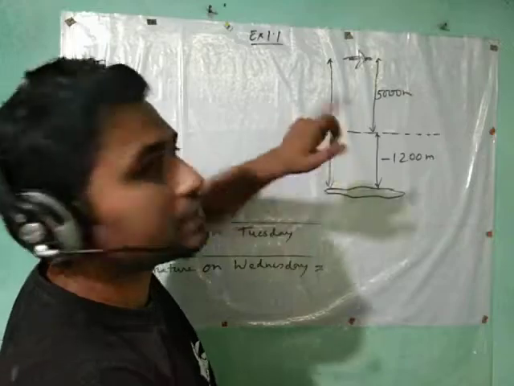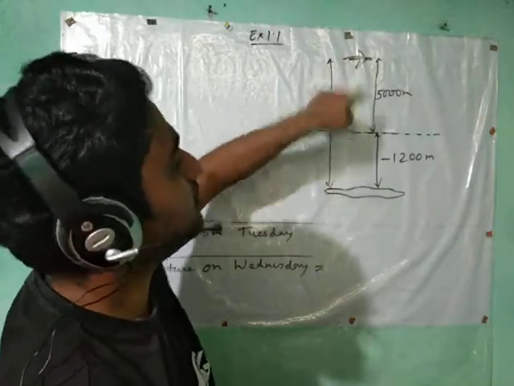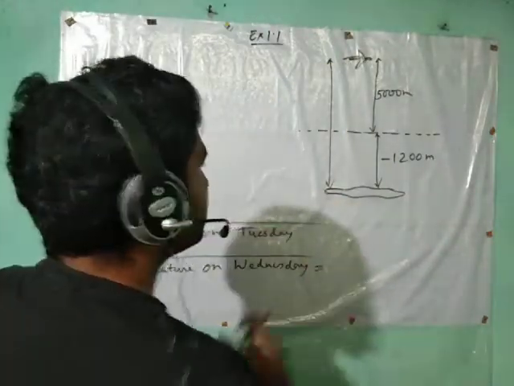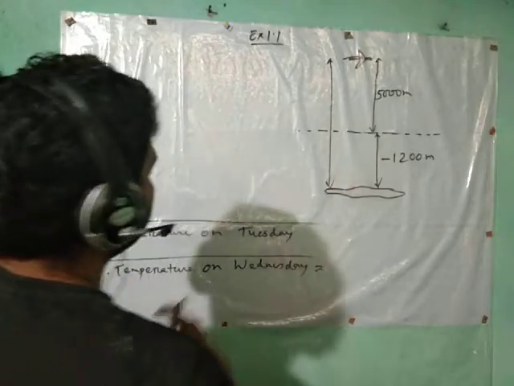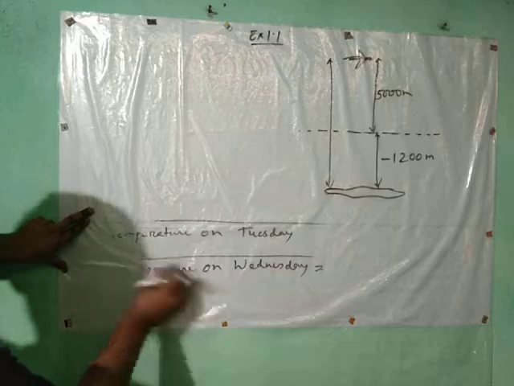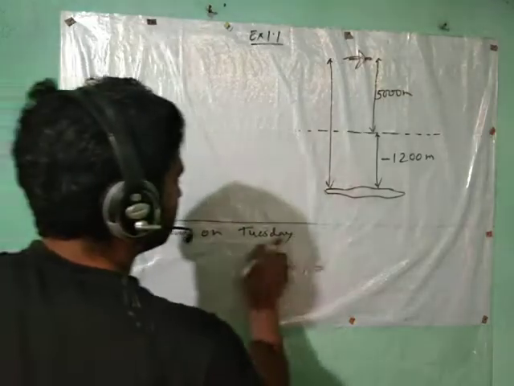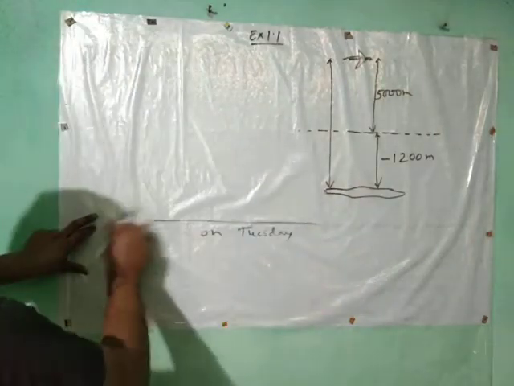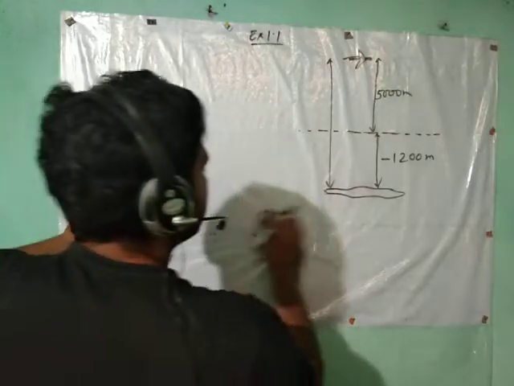And this gap will be nothing but the distance between this aeroplane and the submarine. That means it is a mere problem of subtraction. So you have to subtract them. First, before that, you have to write down the given things carefully.